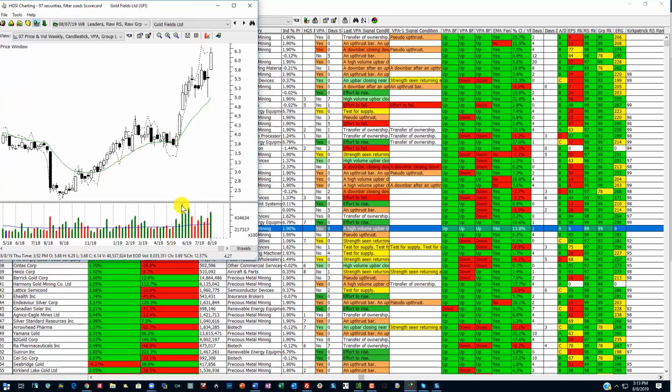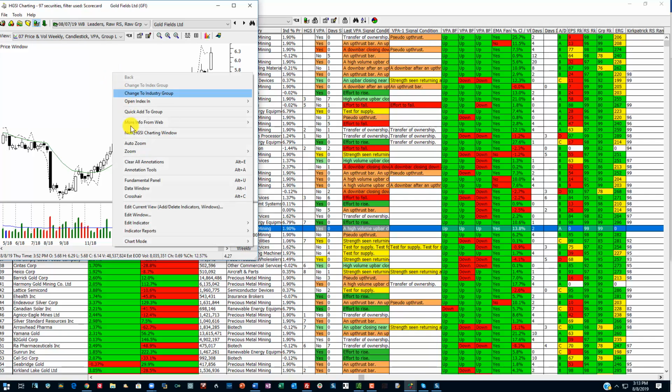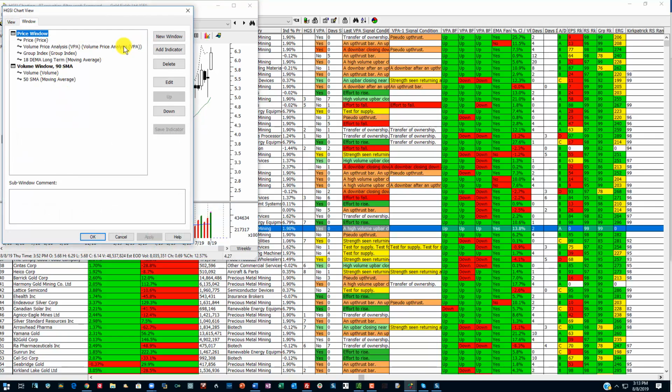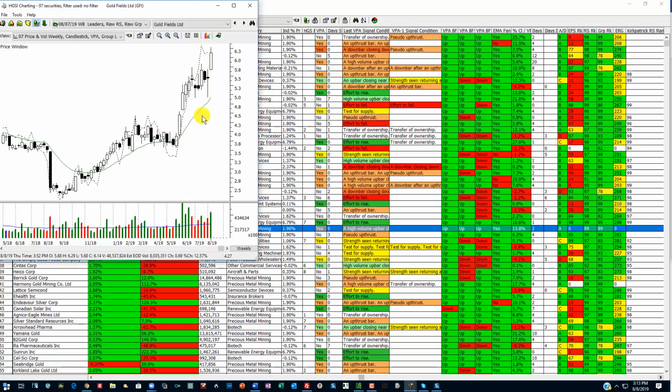a really nice weekly chart moving up. And you can see that this stock follows the group, the dotted line. And what's my other line in here? That's the 18 EMA on this particular chart.